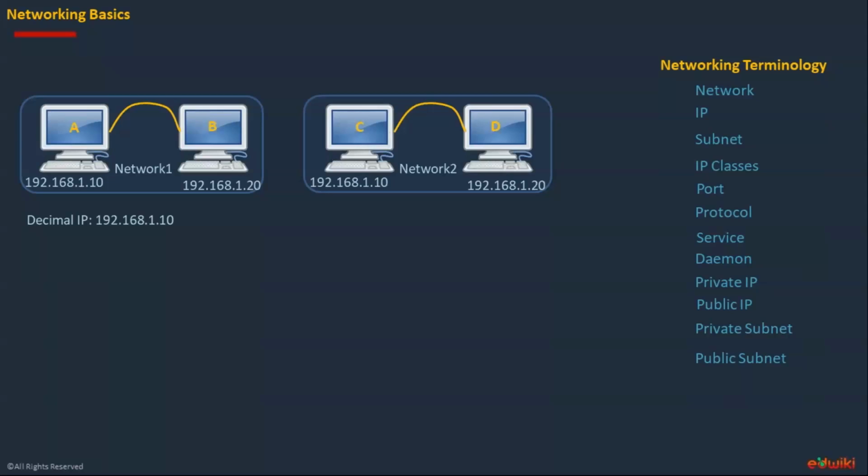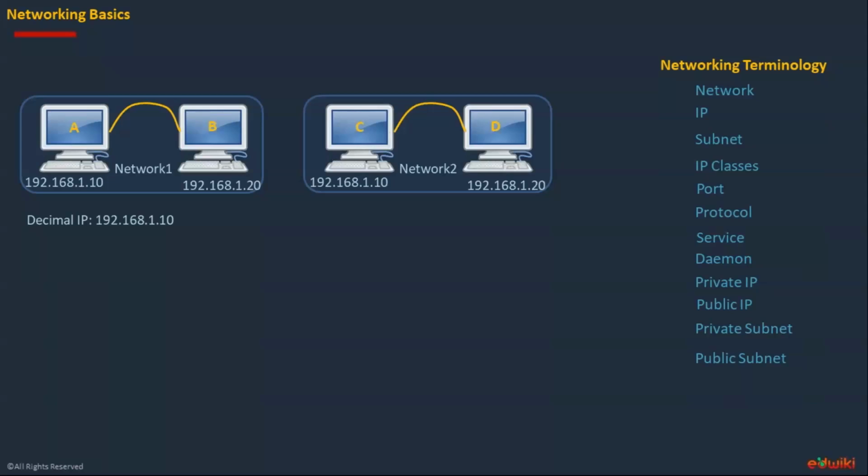We need to follow the same standards when I'm configuring an IP address for my server so that it can be identified in the network. The IP address that you see in this example, 192.168.1.10, is the standard IP address format, which is also called the decimal IP address format.